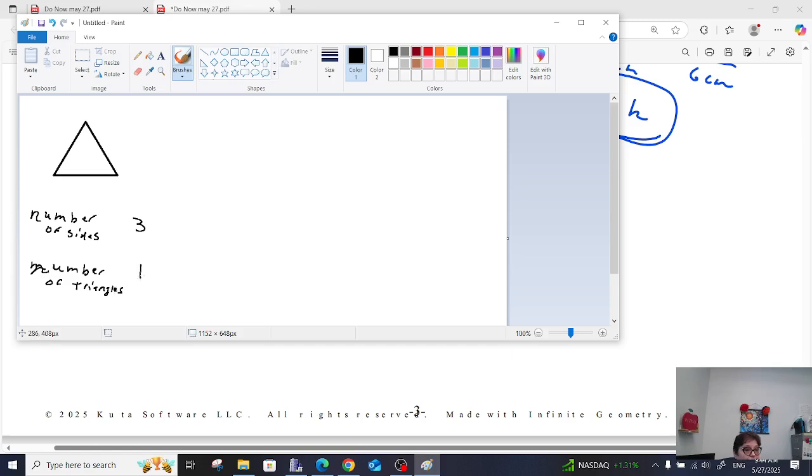And you'd put 1. And then down here it says sum of the interior angles. Well, you know this. We've worked on this. What is the sum of all 3 of these angles? It's always 180 because we're talking about a triangle. So this should be 180.